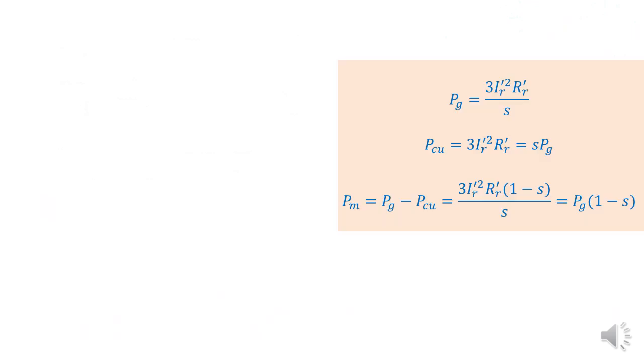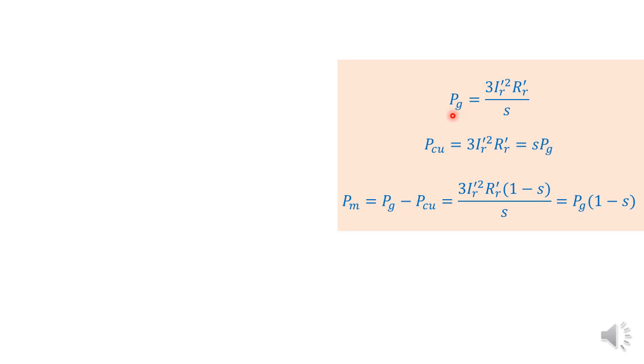Next, we will see how efficient the induction motor is when controlled by stator voltage control. For that, we have to write the expression for the efficiency of the induction motor. First of all, we'll consider these equations which are familiar to us from the first lecture itself. For reference, please check the first lecture.